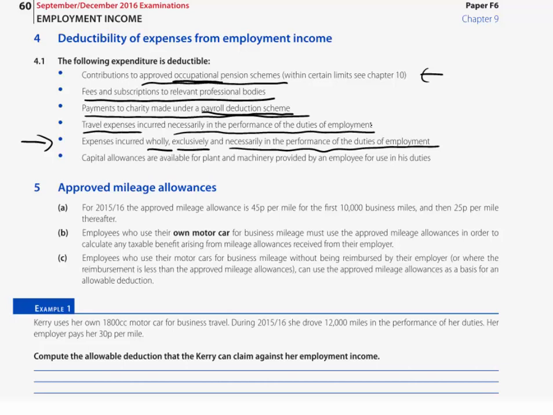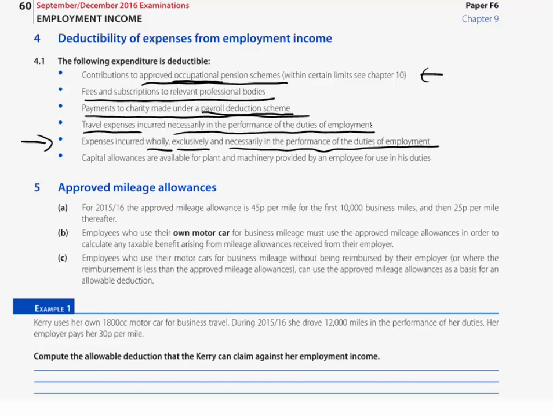Now, as we'll discover in a moment, it would be usual if you go out on company work and incur travel expenses, that those travel expenses would in some way, shape or form be reimbursed to you by the employer. It is seldom that you'd have to make a payment out of your own pocket when you have to travel to visit a client, a customer, or a supplier.